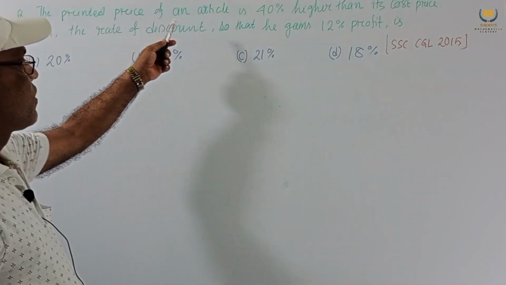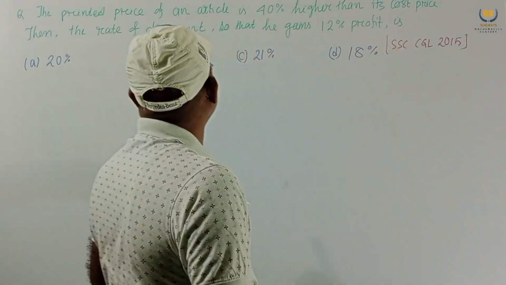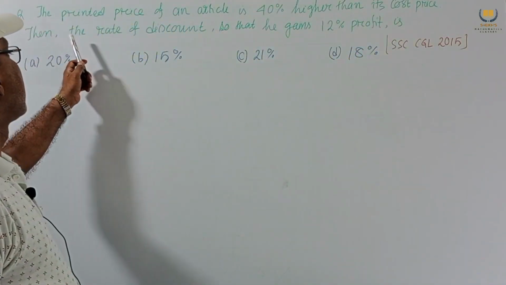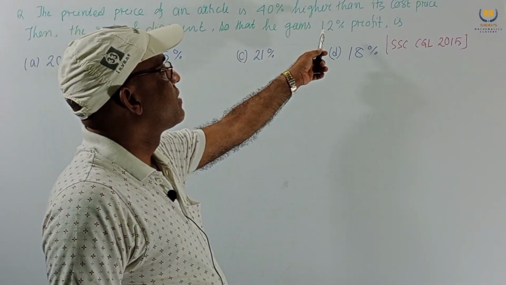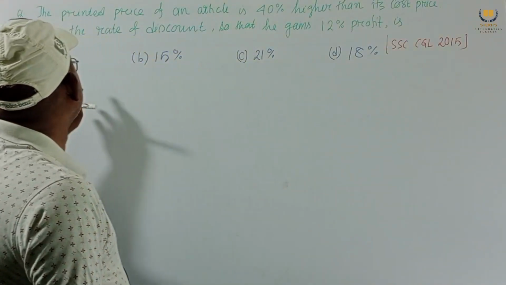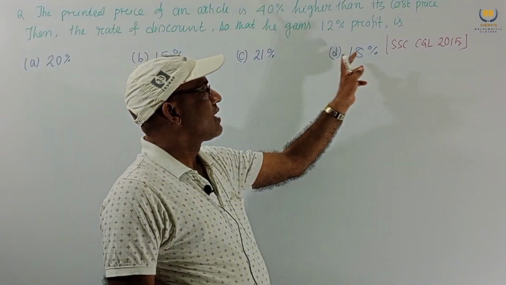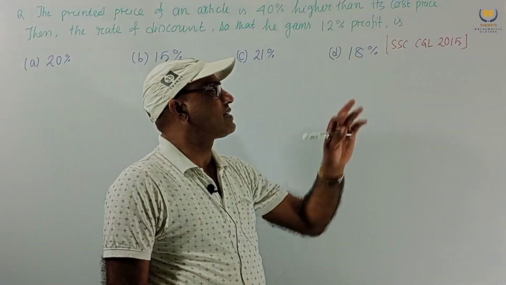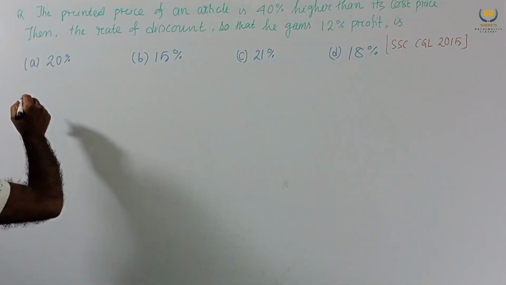The printed price of an article is 40% higher than its cost price. Then the rate of discount so that he gains 12% profit is 20%, 15%, 21%, 18%, and it was set in SSC CGL 2015. Now what is given here?